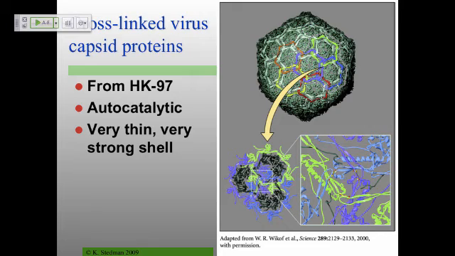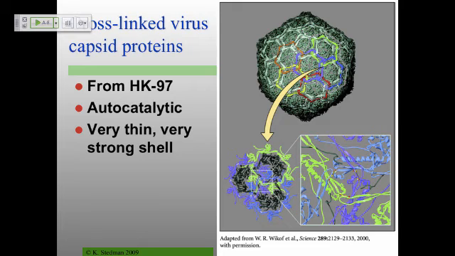It's arranged in a perfectly quasi-equivalent T = 7 structure. But yeah, so we can actually take a real quick look at that here. Here is a pentamer right there. Here's another pentamer down here. 1, 2, 1. So a T = 7 particle.